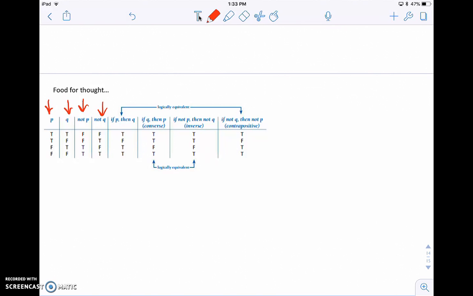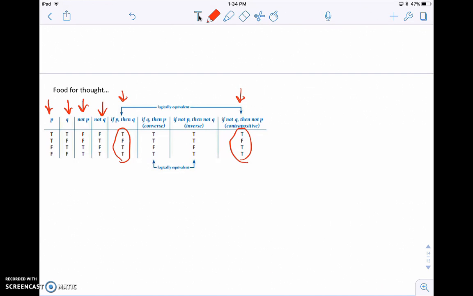You can do, for example, if P then Q. And notice that if you compare if P then Q to if not Q then not P, you get the exact same truth values: true, false, true, true, true, false, true, true. This is what's called contraposition, or the contrapositive.